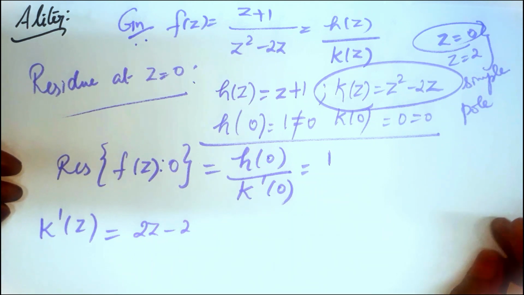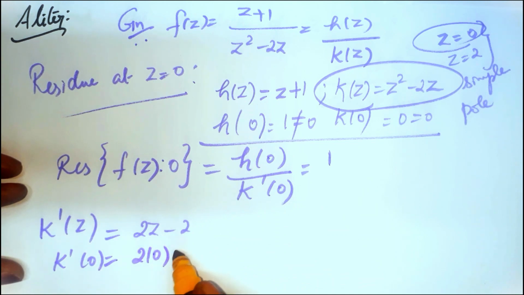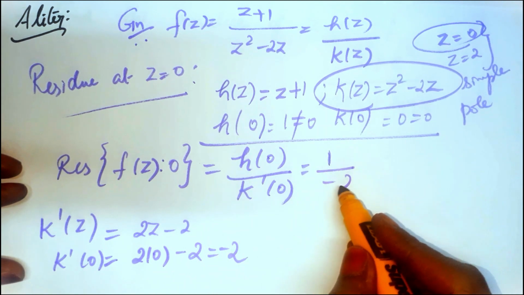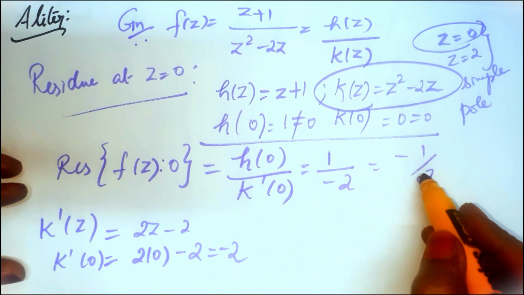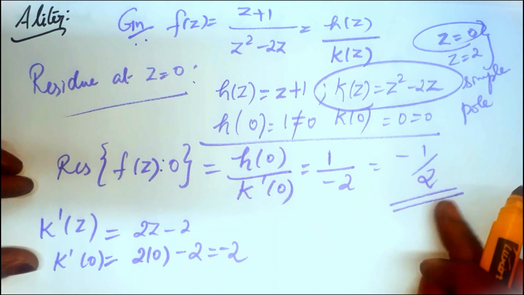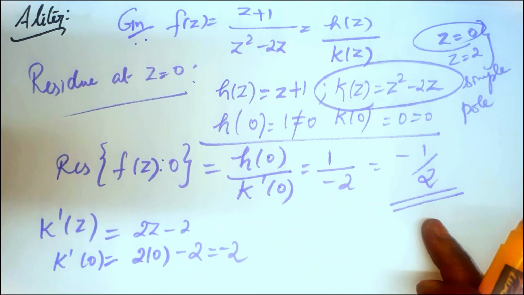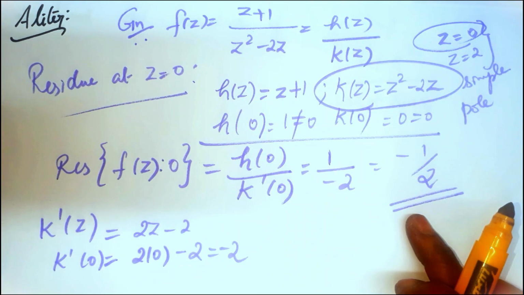So 2z minus 2. Then k dash of 0 is equal to 2 into 0 minus 2, which is equal to minus 2. So when I substitute here, it is minus 2. So minus 1 by 2. So residue of f of z at the pole 0 is equal to minus 1 by 2, which we got by using the previous method too, right? The same answer we got there, no?